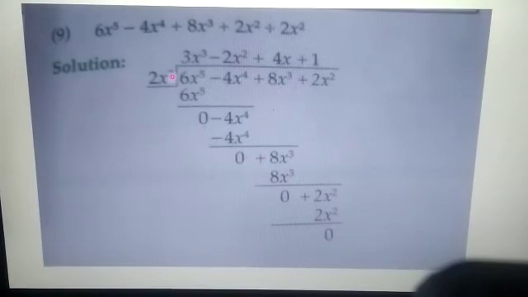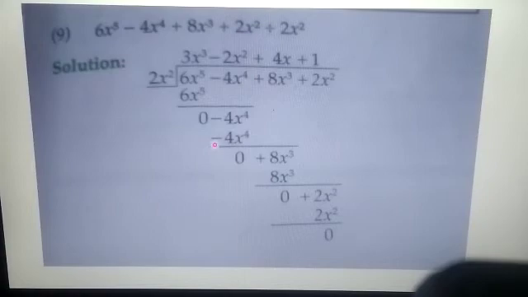One by one I will explain it now. 2x square is multiplied with 3x cube, then only we will get 6x raised to 5. Subtract it. We get remainder as 0 and minus 4x raised to 4 we will copy down as it is. Now we want minus 4x raised to 4. So multiply 2x square with minus 2x square to get minus 4x raised to 4.